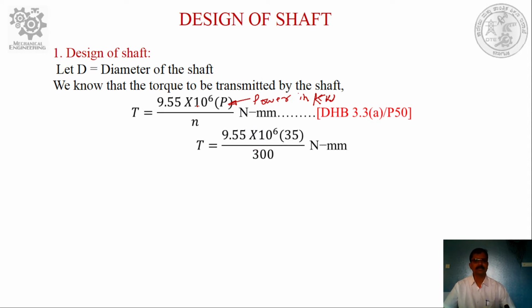Now substitute the values of the power P and N RPM and calculate the torque to be transmitted by the shaft.